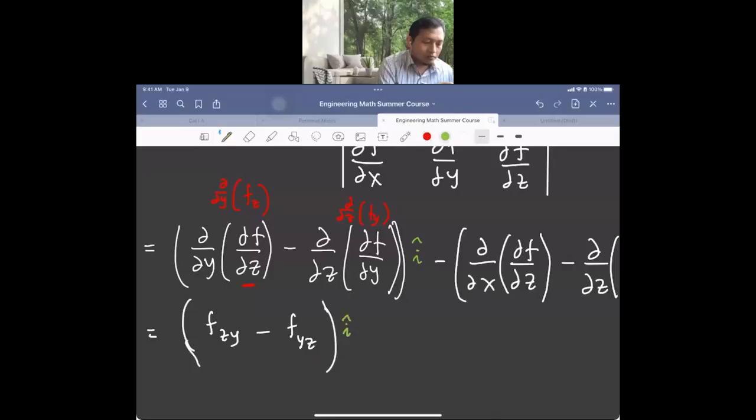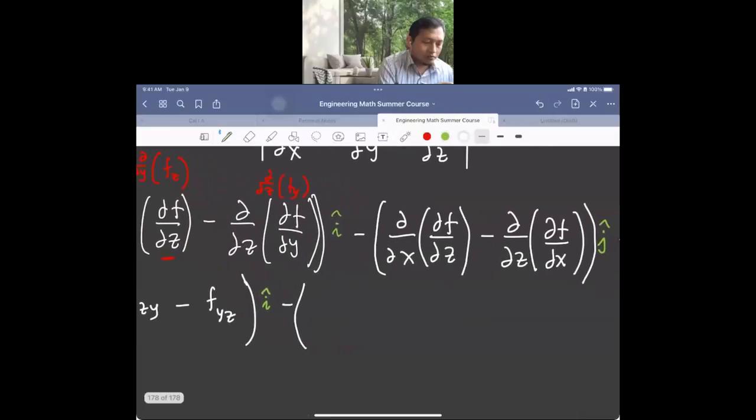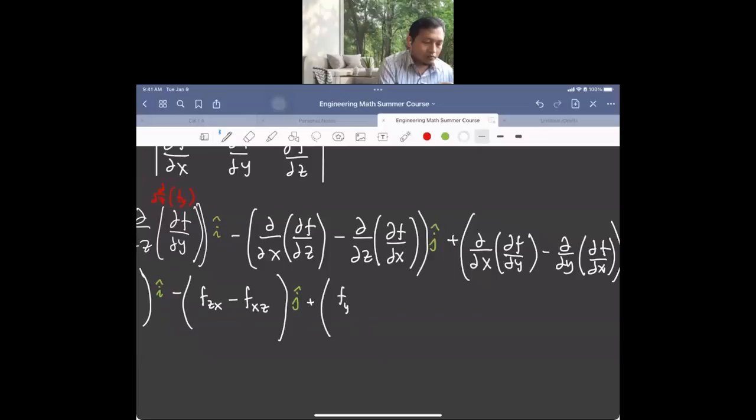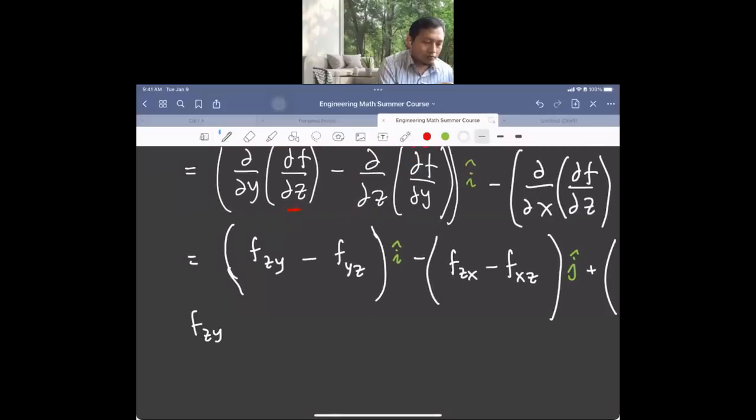And then on the x-axis, we have f zx minus f xz. This is for j. And then for k we have f yx and f xy. And remember, from what we have in Calculus 2, the value of f zy is equal to f yz, right?